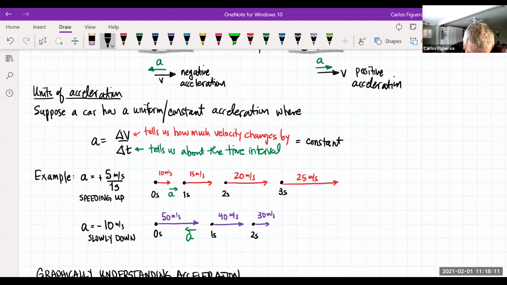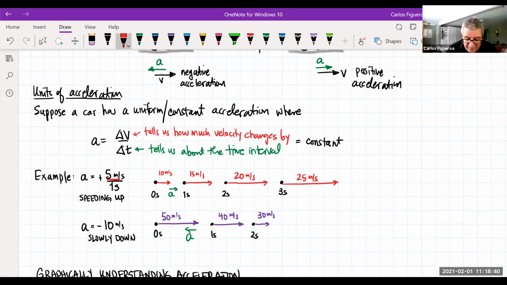So suppose that at 0 seconds, I have a car that's moving at 10 meters per second. If I have acceleration pointed in the same direction as the velocity, which is in red, and the acceleration is in green, then from 0 to 1 second, I changed my speed by how much? 5 meters a second. So you could see that I increased it by 5 meters a second.